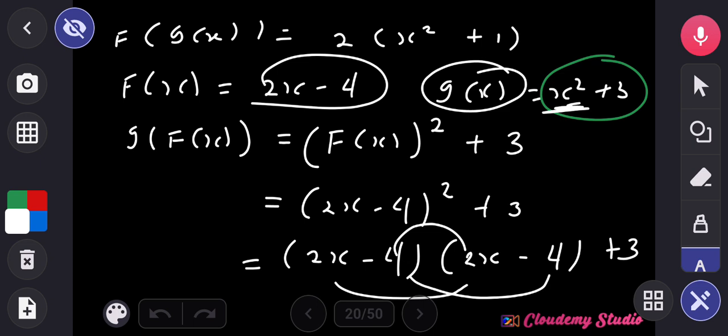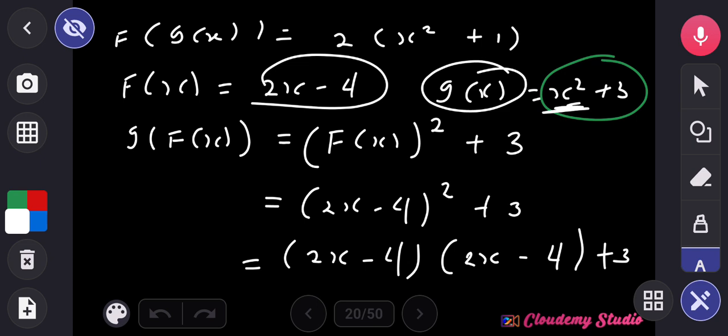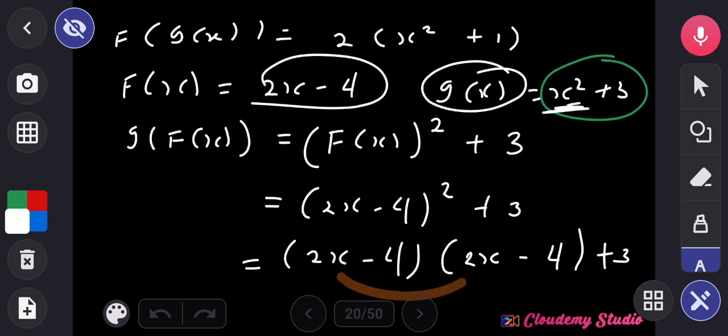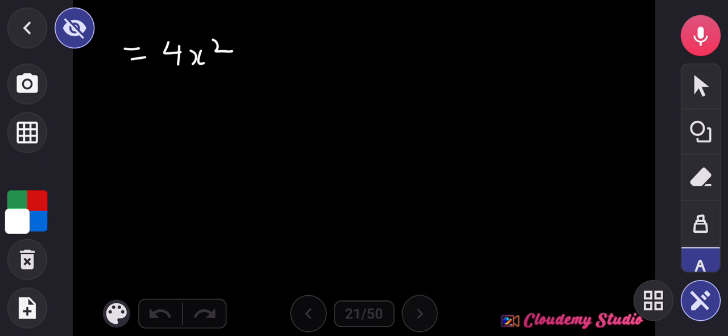Okay, wait, I think there is a mistake here. Let me write again, plus 3. Let us open this bracket again. We have x times x, which gives 4x squared. Minus 4 times 2x gives us minus 8x.